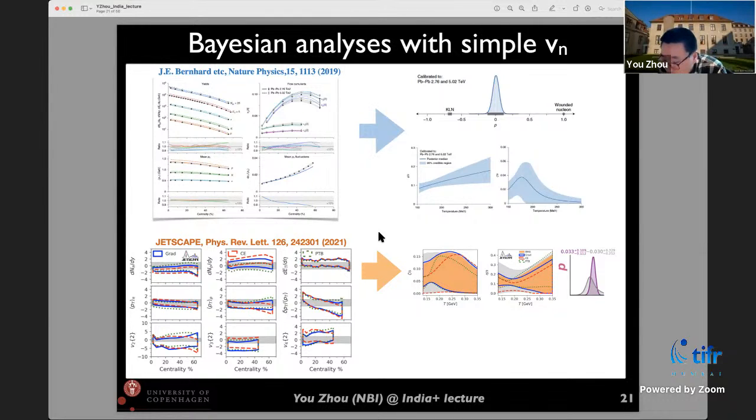Eta over s versus root s. Have you seen a plot of eta over s versus collision energy? No. Okay. Or if you know any, please share with me. I would be interested to know it.